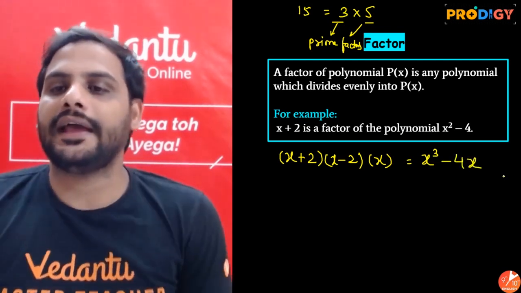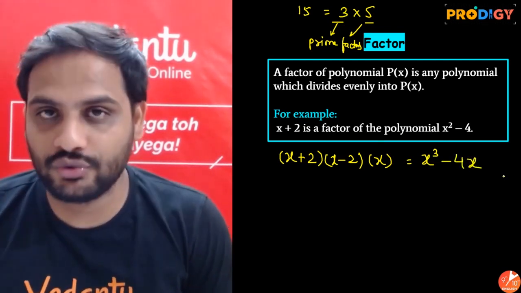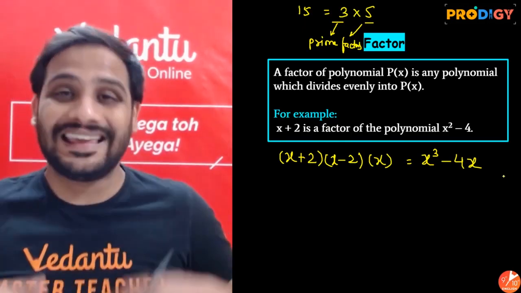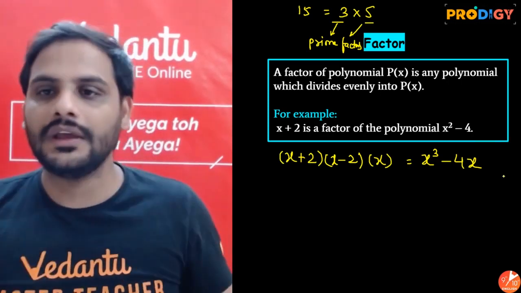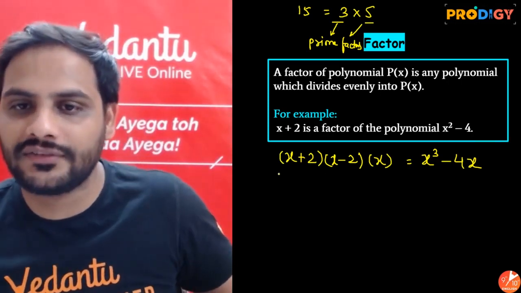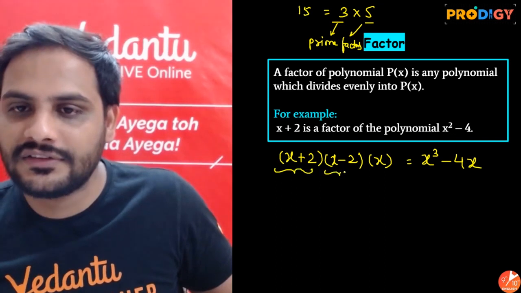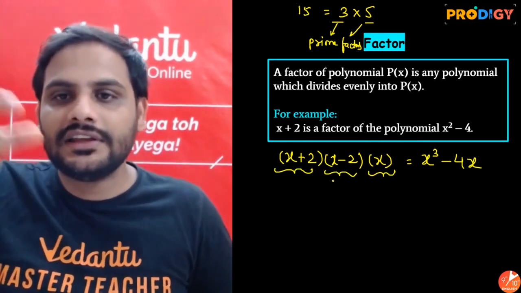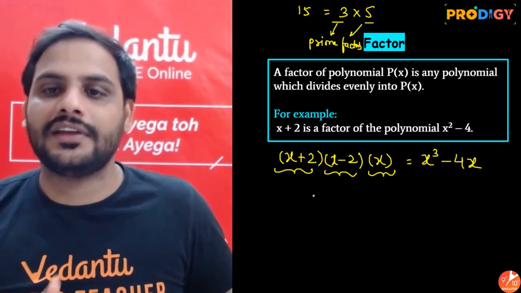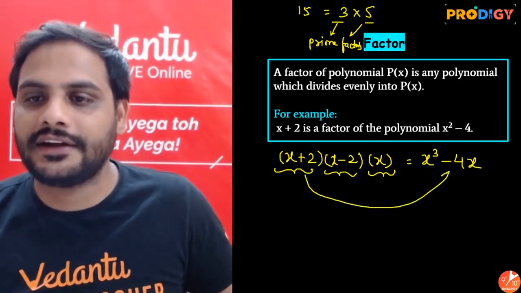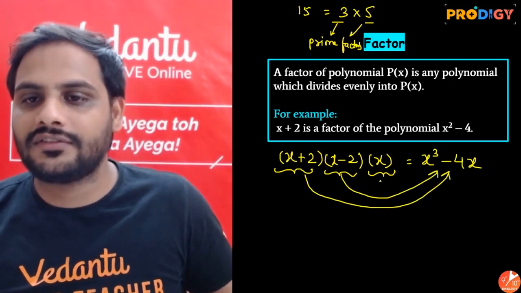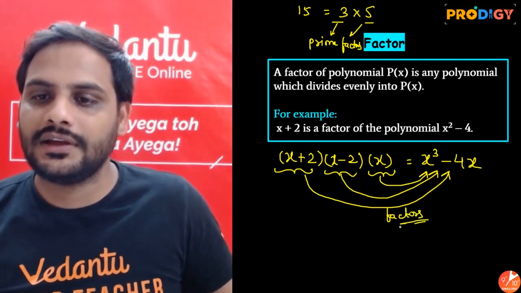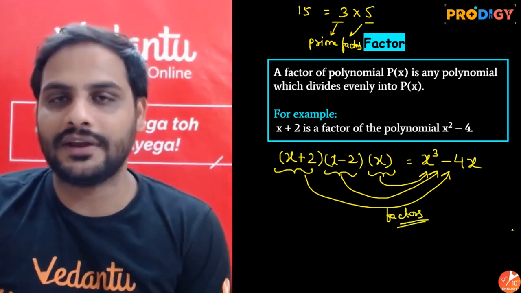So this x cube minus 4x is nothing but the multiplication of these three linear polynomials. So I can say these are the factors of x cube minus 4x. These are called the factors of the given polynomial x cube minus 4x.